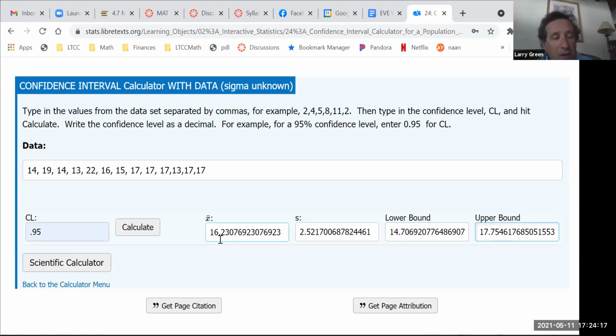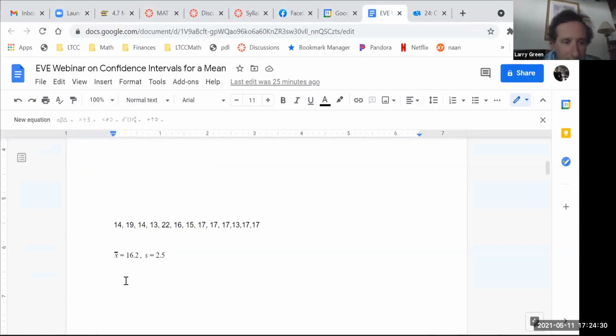Notice I programmed it so it re-gives you the x bar and s because you might care about them. So 14.7 to 17.8. Let's go back. So our confidence interval, CI, is 14.7 to 17.8. Any questions on that?